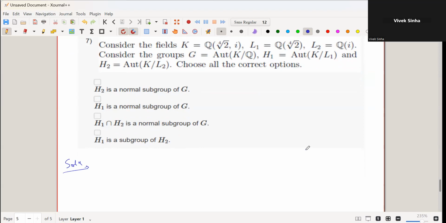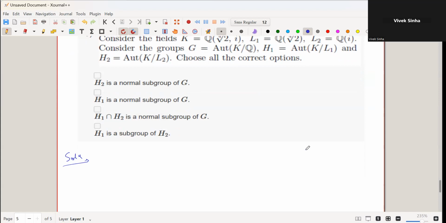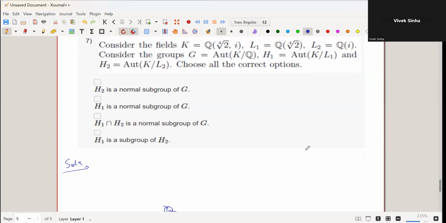We have the base field to be Q, then L1 is Q adjoined with the fourth root of 2, L2 is Q adjoined with iota, and K is Q adjoined with fourth root of 2 and iota.